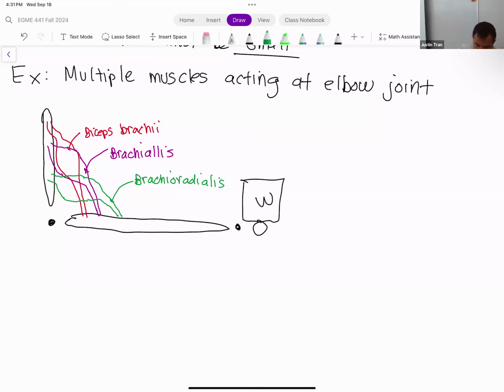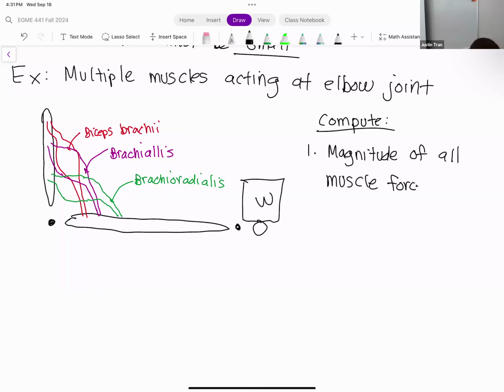Just like before, what we're interested in is a static analysis here. The things that we're going to compute: let's compute the magnitudes of all of the muscle forces involved. And then also, just like the previous problem, let's compute the reaction forces at the elbow joint.